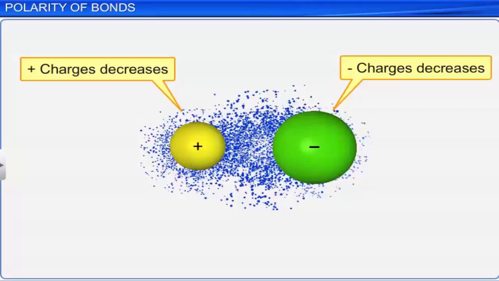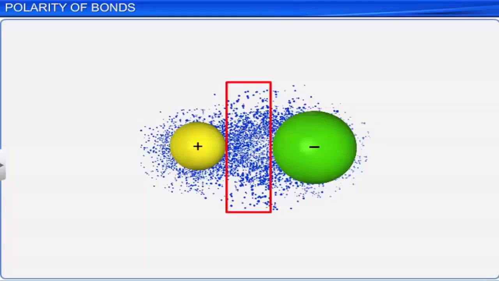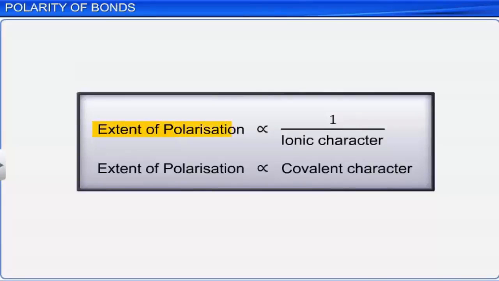This means that the electronic charge becomes more concentrated between the two bonded atoms and is responsible for the development of a covalent character in ionic compounds. If the extent of polarization is small, then the bond is more ionic in nature. If the extent of polarization is more, then the bond is more covalent in nature.